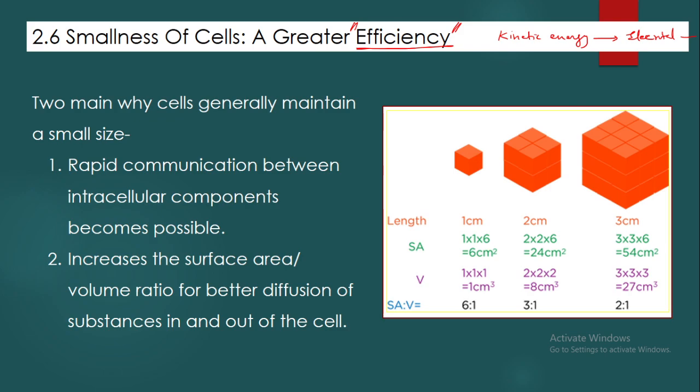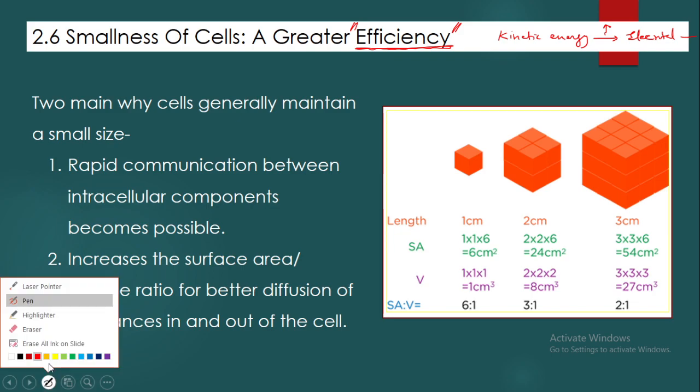So the question here is, we are talking about efficiency of the cell. So for example, if you take a cell, it is something like this. Inside the cell there are some small structures. This cell needs some food from outside, no?